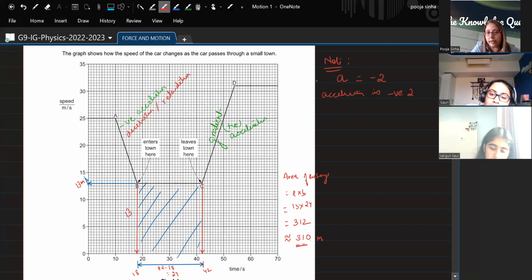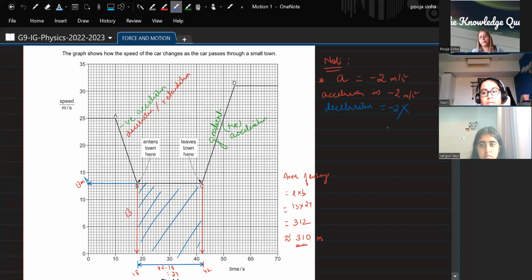First understand once, then write. Acceleration is -2 meters per second square, we write the unit. But if the examiner asks what is the deceleration, and you write the answer as -2, the examiner will mark it wrong.